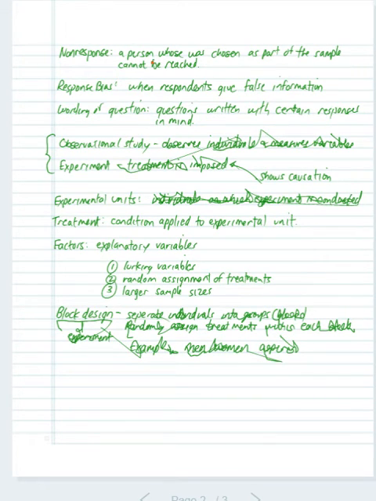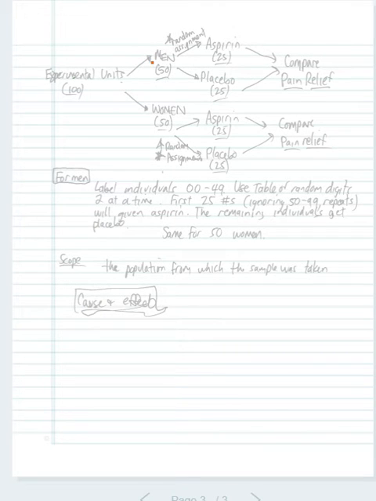So what I'd like to do is actually draw an outline of this situation here. And this is an outline that you could use. You could use this type of response in a free response. So here's how it works. Let's suppose that we start out with our experiment and we have 100 experimental units.